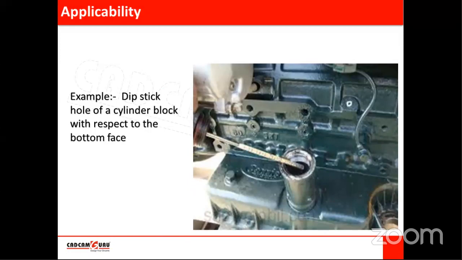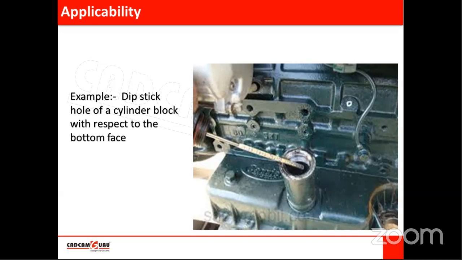You can see these dipstick holes in engines. Engines are filled with lubricants. So to pour these lubricants, or there is some dipstick. Dipstick is there to check the oil level inside the engine or some gearboxes.